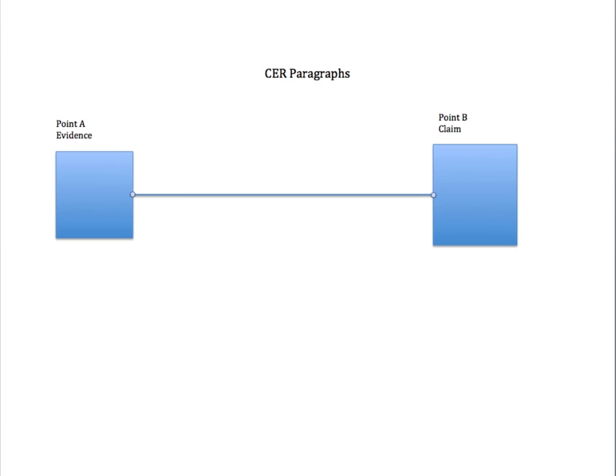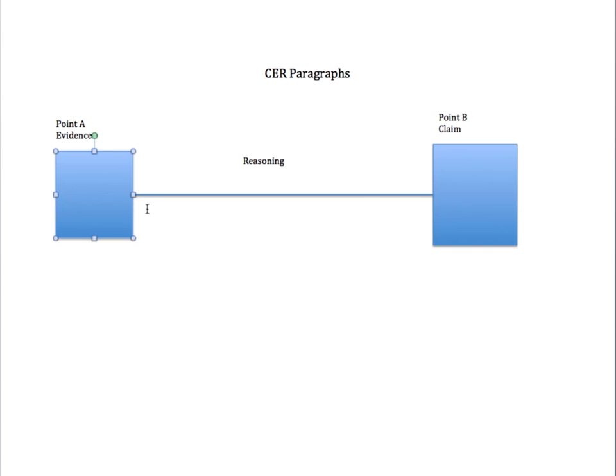So the reasoning is represented by this line right here. Okay. Now I like to think of reasoning as a trail. So it's walking your reader through the process of how you got from point A to point B. So it's like taking them down a trail. So your reasoning is going to be this line right here, and it's like a trail from point A to point B.